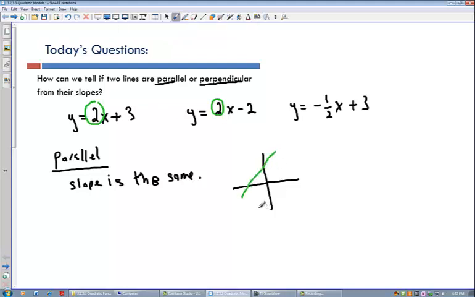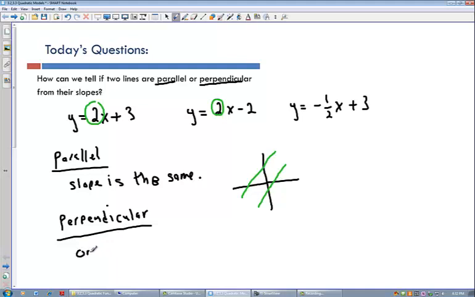Here's a line. Here's a line, and if they're parallel, their slopes are exactly the same. Whereas if you have two lines and they're perpendicular, then the idea is that one of the slopes is a negative reciprocal of the other.